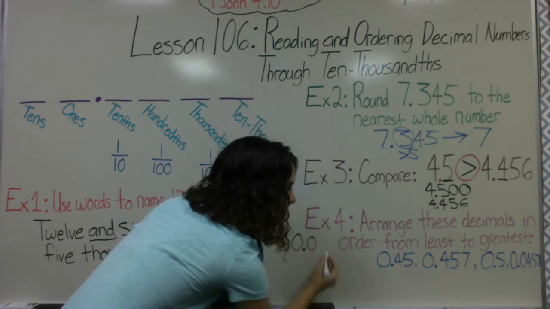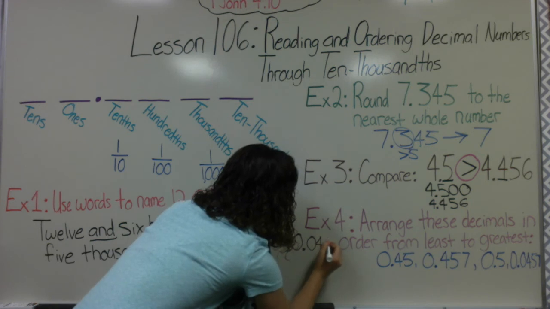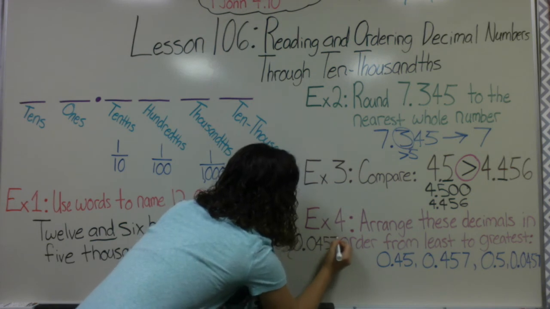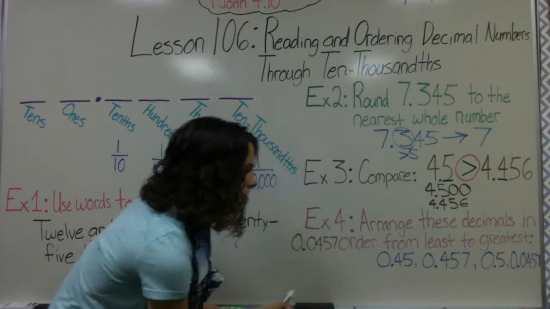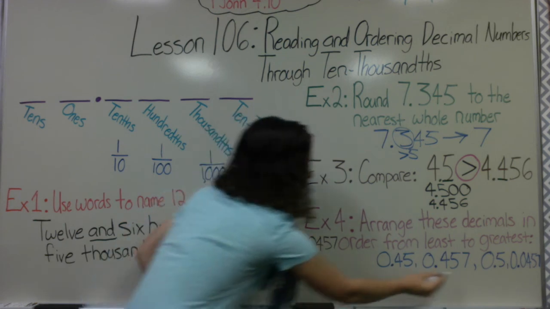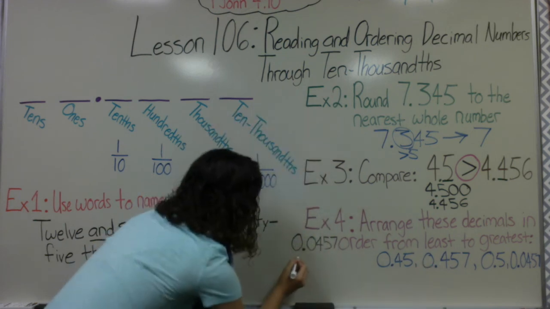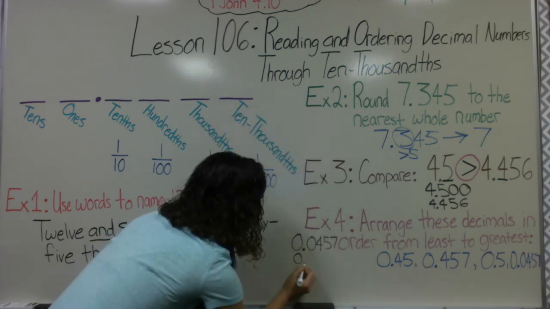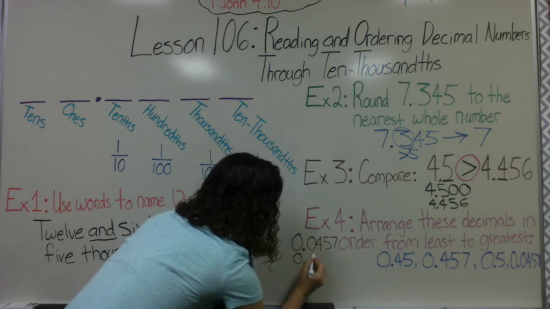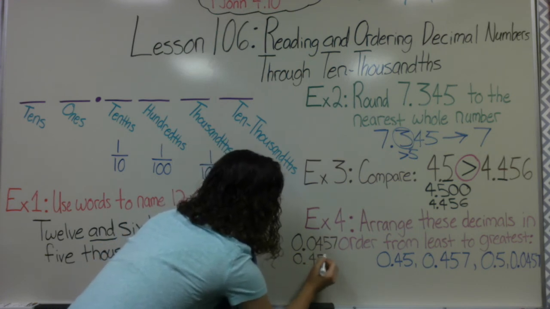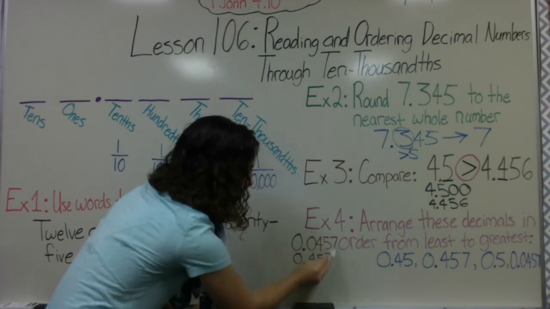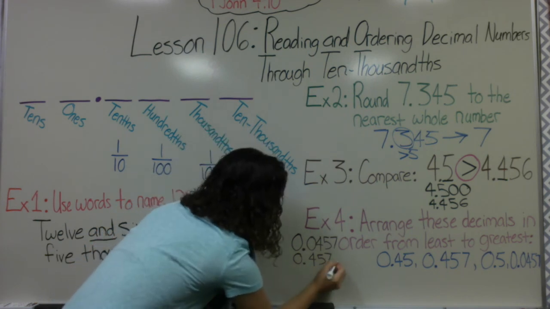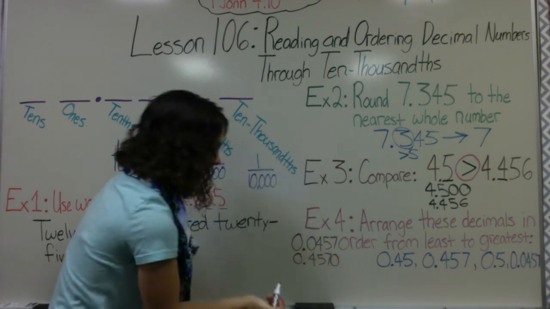So I have 457 10,000ths. Then I have 3 decimal places here, so that's 0 and 457. Because I have nothing here, I'm just going to add a 0. My value doesn't change at all, so I can do that.